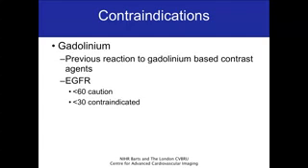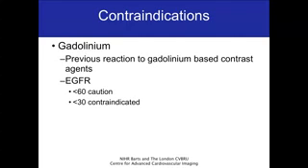As we would use gadolinium in perfusion tests, this is not a contraindication if you plan to do dobutamine CMR. But for perfusion studies, if there are any contraindications to gadolinium, for example, previous reactions to gadolinium, or if the eGFR, the glomerular filtration rate, is less than 60, you need to be cautious. It's not a contraindication.